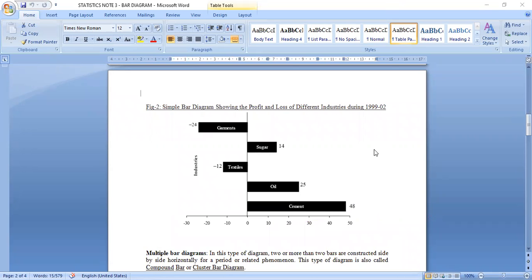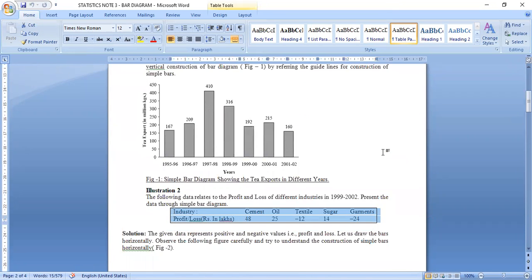Sir, can't we make it horizontally? But let us see if we make. Can we make it vertically? Yes, sir. Can't we make vertically? Then I think the presentation, let me show you a bit. If we draw it in vertical way, it looks like this.